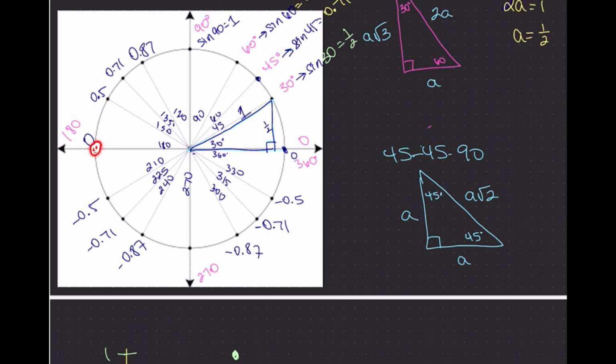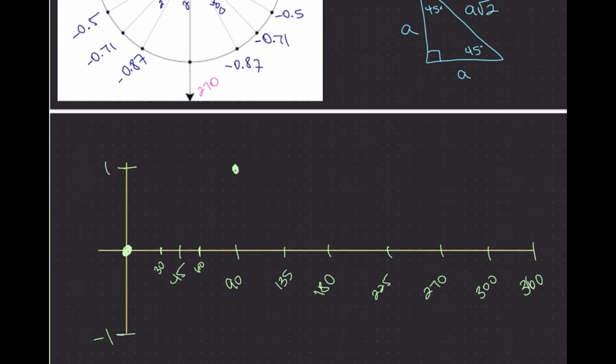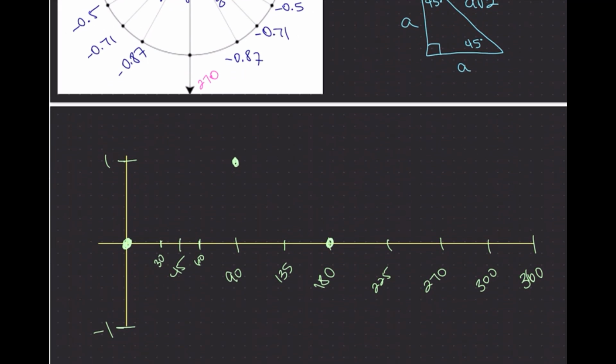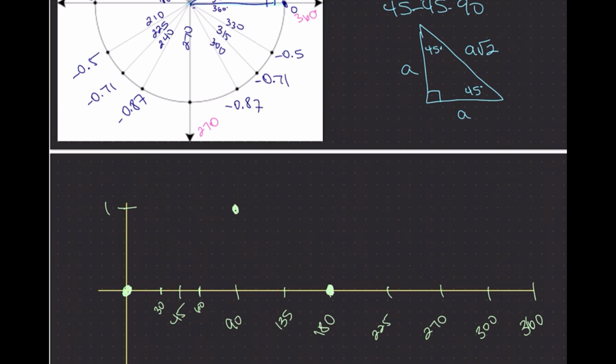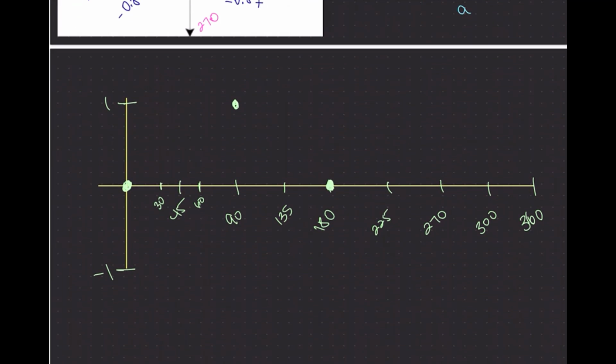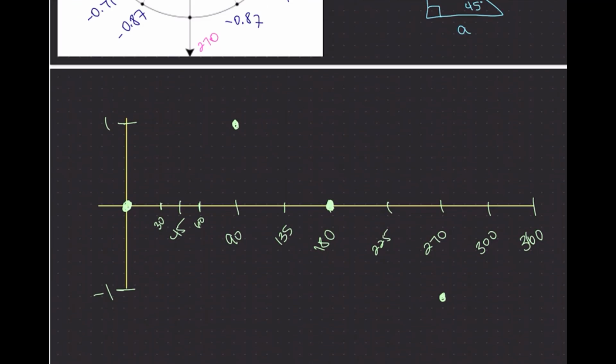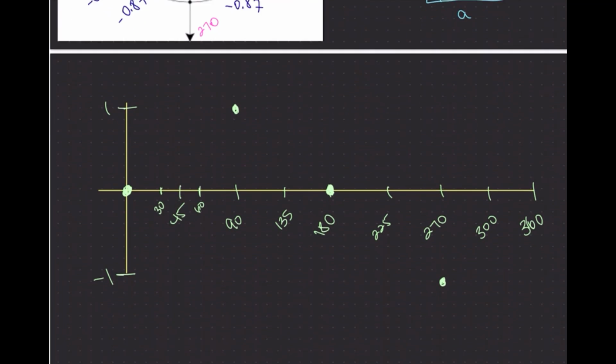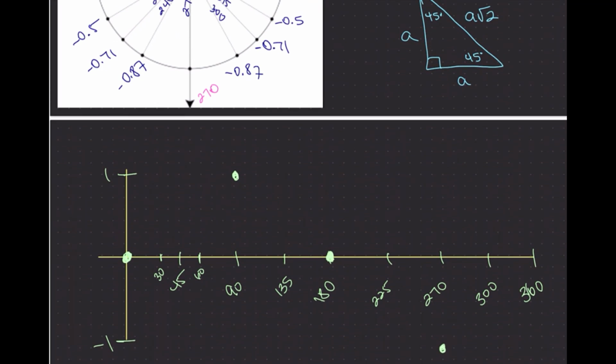At 180, my y value is 0, so we can plot that. You guys picking up on what I'm doing here? At 270, my y value was -1. And at 360, I'm back to 0.